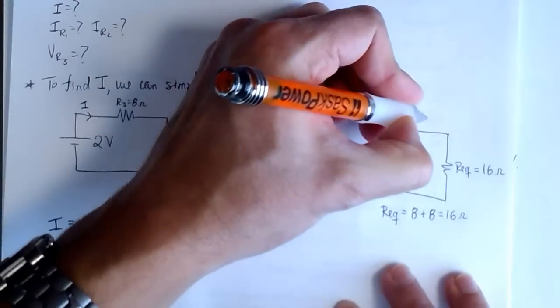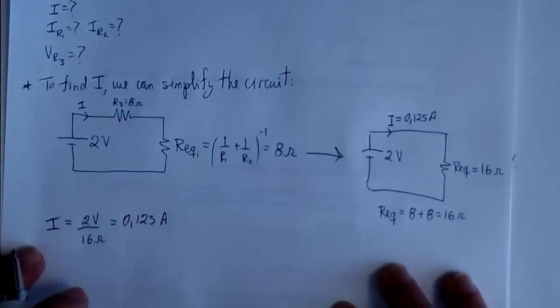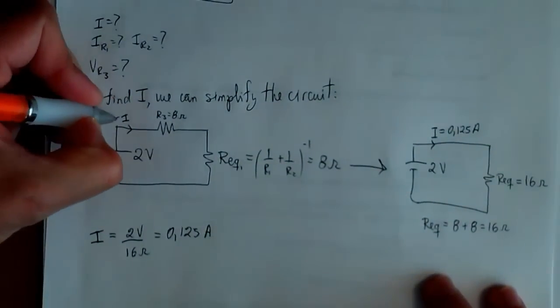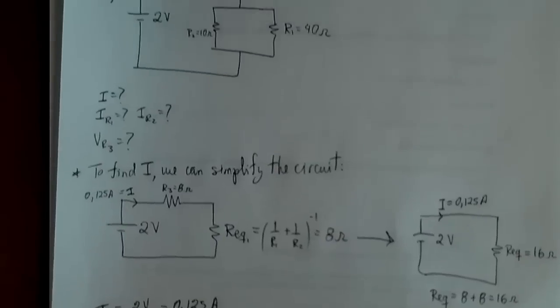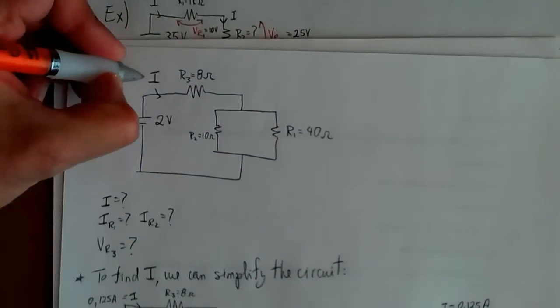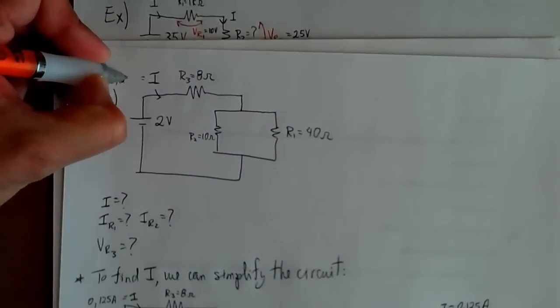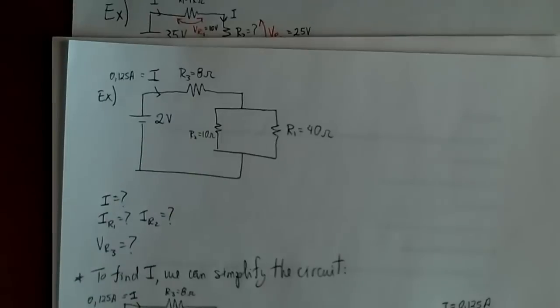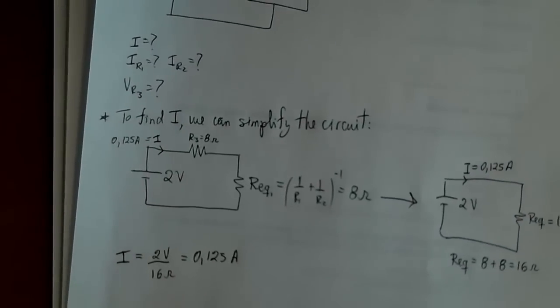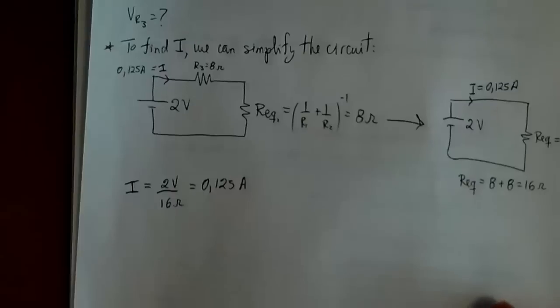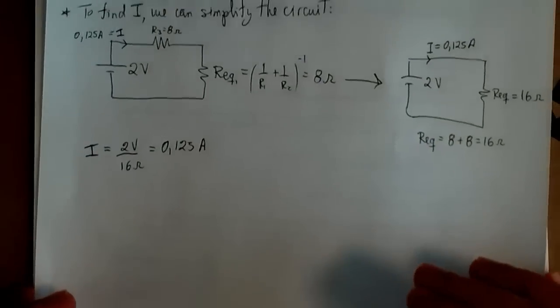And we have 0.125 amps flowing there, and 0.125 amps flowing in this other equivalent circuit, and 0.125 amps flowing in the original circuit with the 3 resistors. So that's the total current flowing in the circuit.